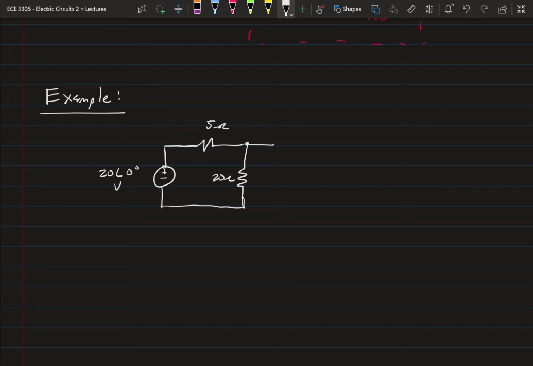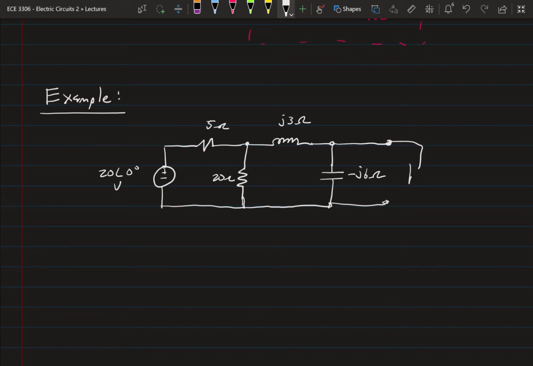And then connected to that, we have an inductor, and the impedance is given to us as a phasor already, so that's nice. It's j3 ohms. And that's connected to a capacitor that has minus j6 ohms. And all of that is hooked up to our unknown load impedance ZL.